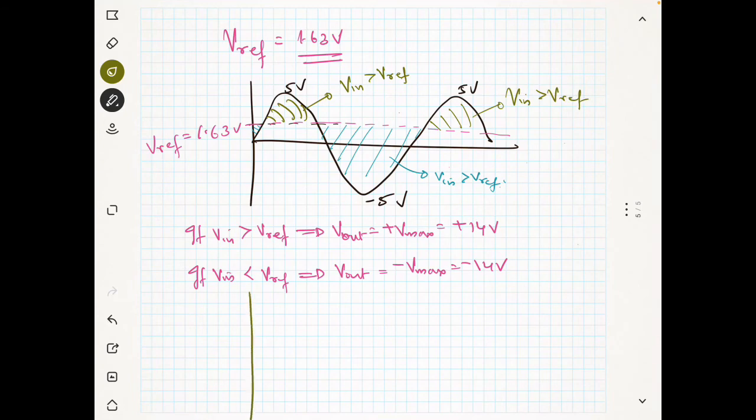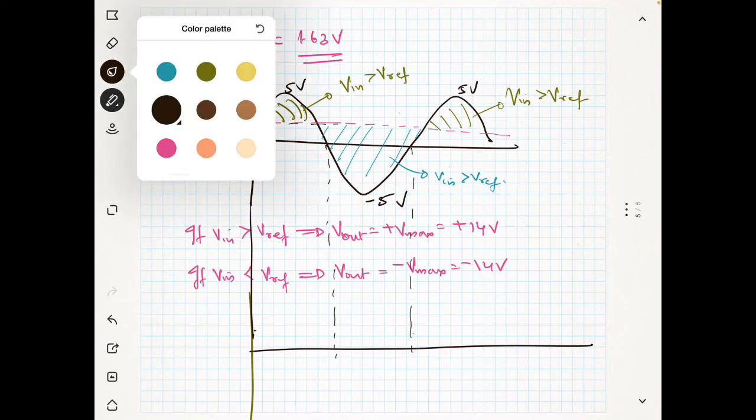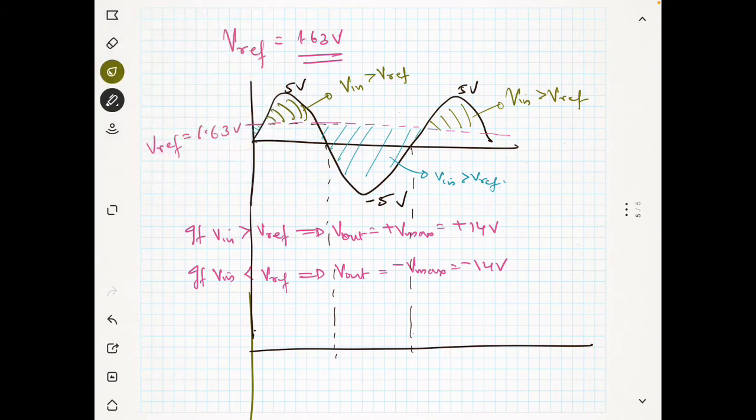So I will draw my output with the same axis here itself. I will extend here. I will use these points to denote the transition points.